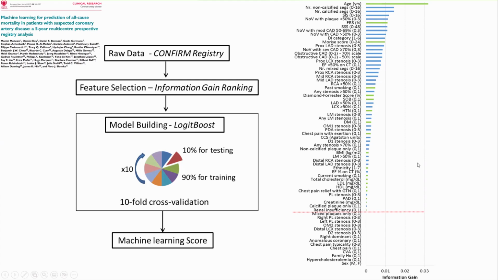And then we've also integrated it in green with clinical factors such as traditional cardiovascular risk factors. And so we've got 50 or 60 factors here, and then we've used machine learning to integrate all of those into a single metric or machine learning score.